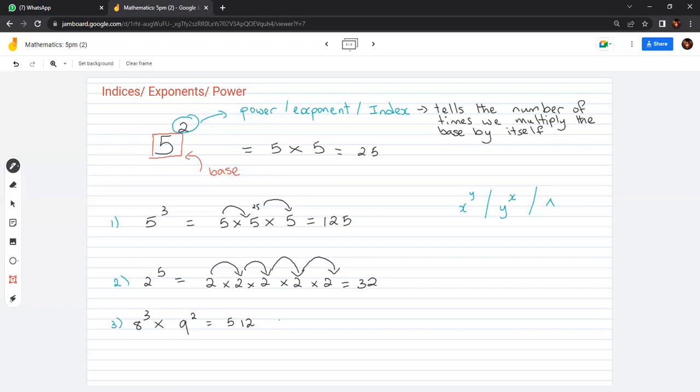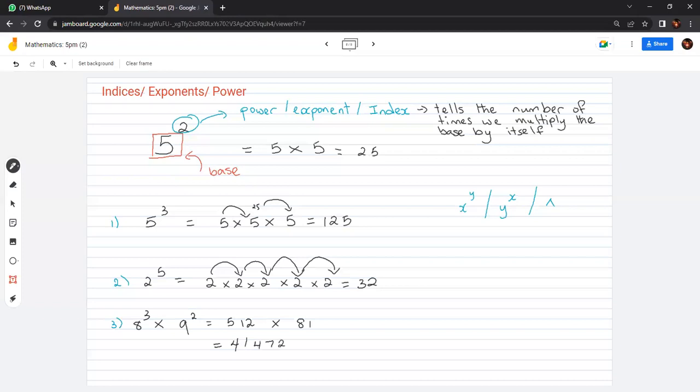And then you're going to multiply that by 9 squared. 9 nines are 81, we should know that. So we'll end up with 512 times 81. And we'll end up with 41,472.